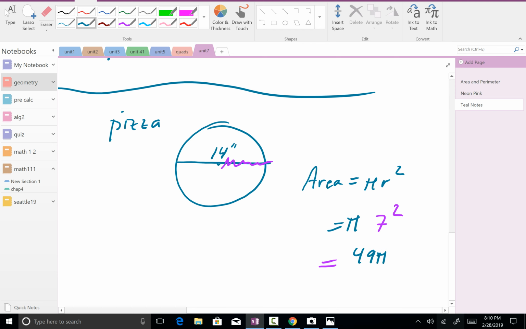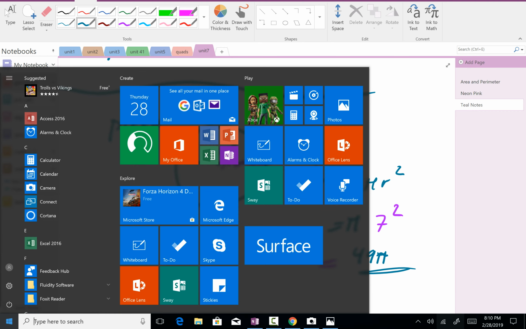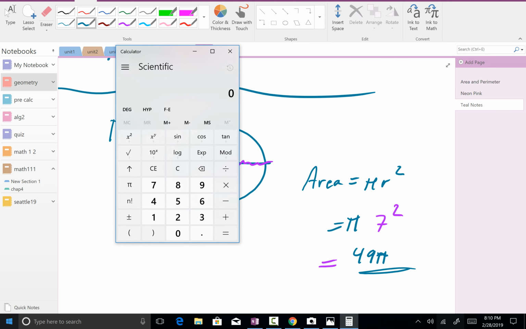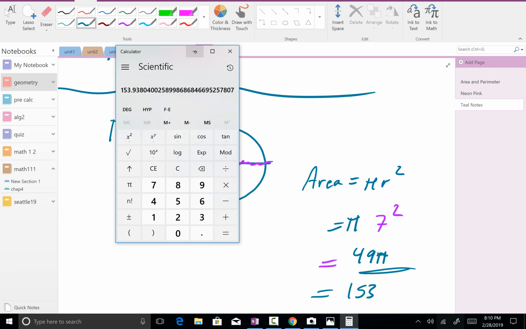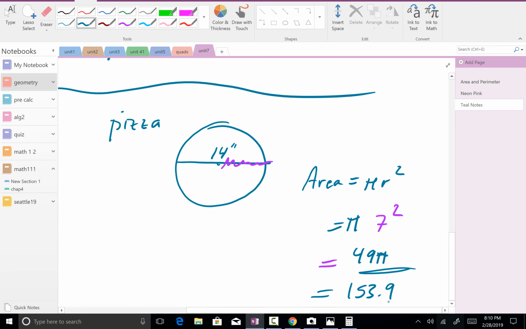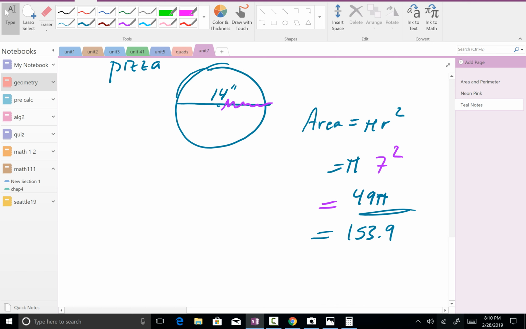And a lot of times area is left in terms of pi, but I'm going to go ahead and figure it out. So I'll have 153.9. For my area. Okay, that's the whole darn thing, right?